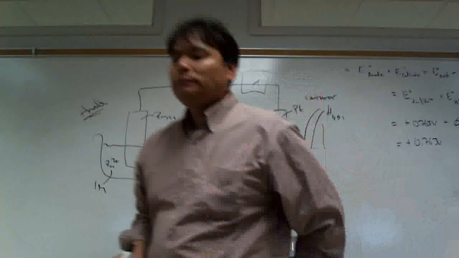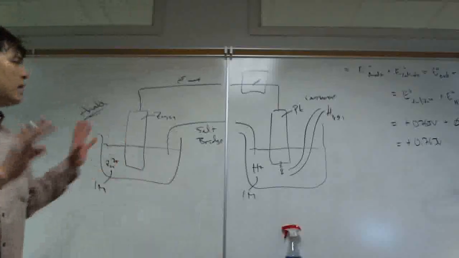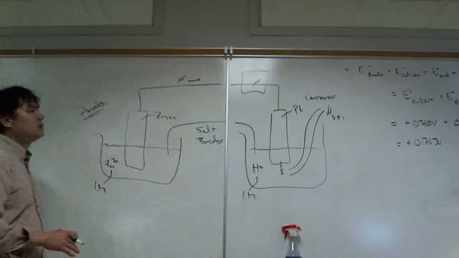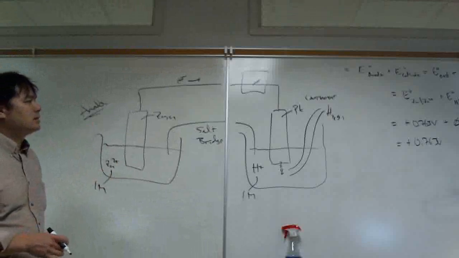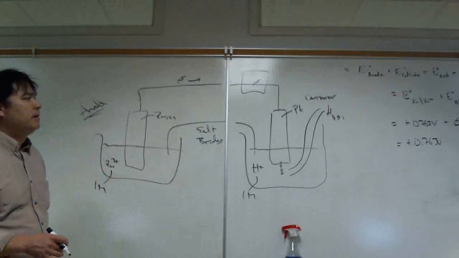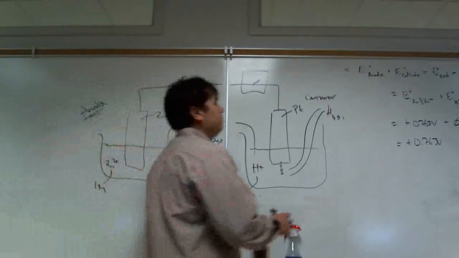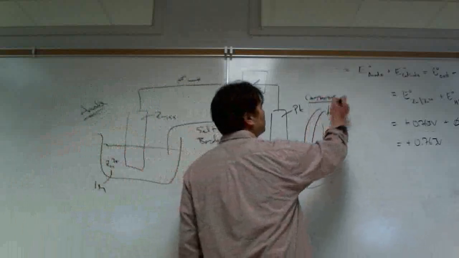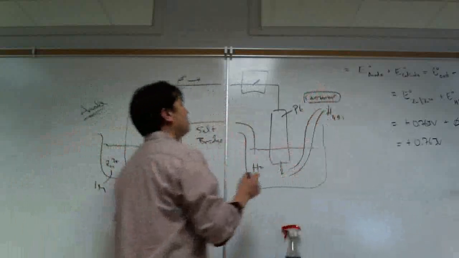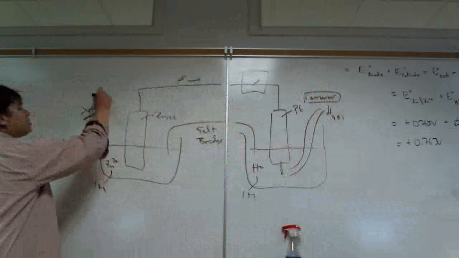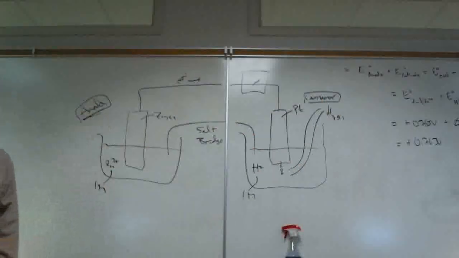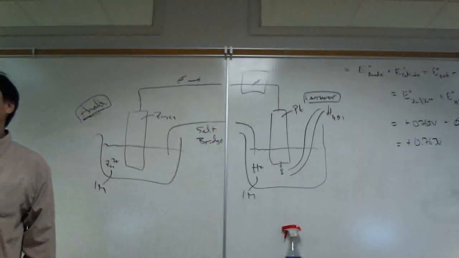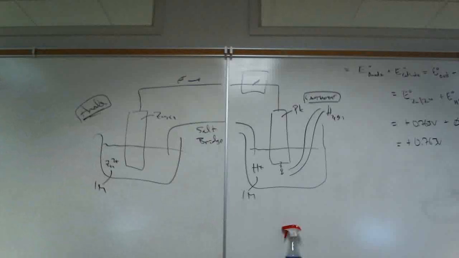Now it's right. Okay, so that means this. We have sign conventions for the electrodes. One of these electrodes has a positive sign. The other electrode has a negative sign, like on a battery. And so which one of those electrodes should have the positive sign?